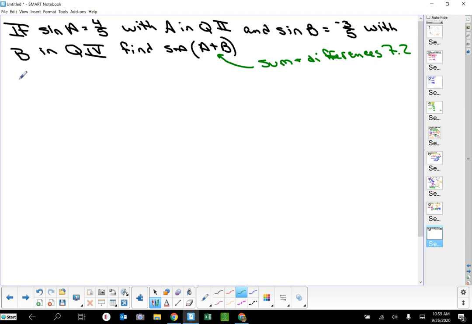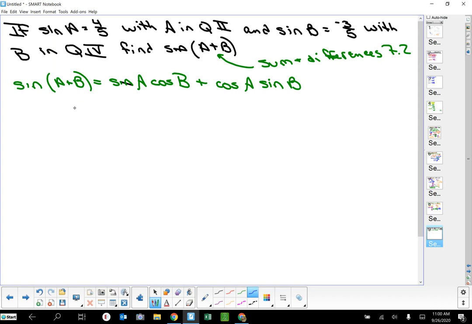So you would need the formula for sine of A plus B, which was sine of A cosine of B plus cosine of A and sine of B. All right, and then what we need is I'm going to draw 2 separate triangles, one for A, one for B, and we need to find everything we need. So we'll make this for A, and I'll do this one for B.